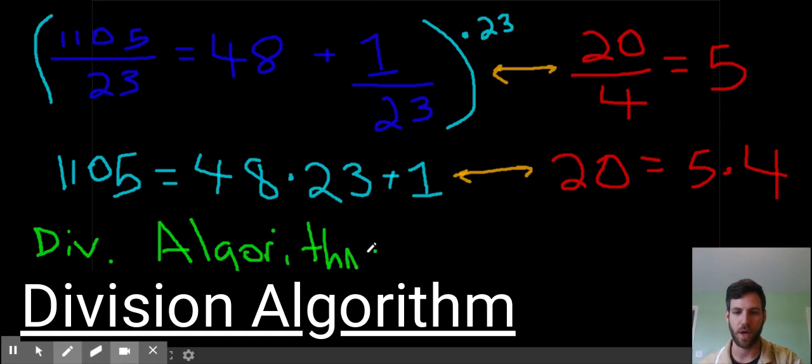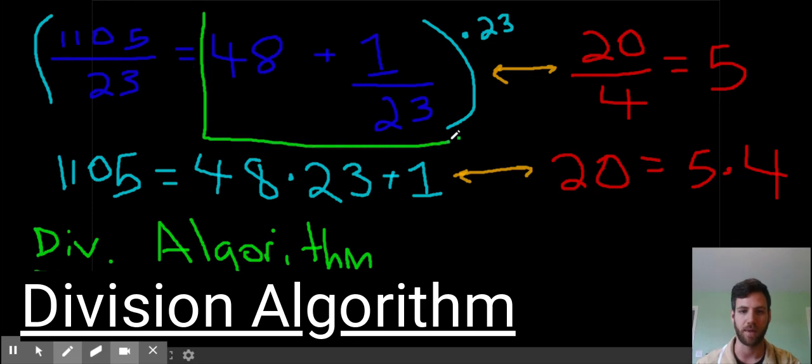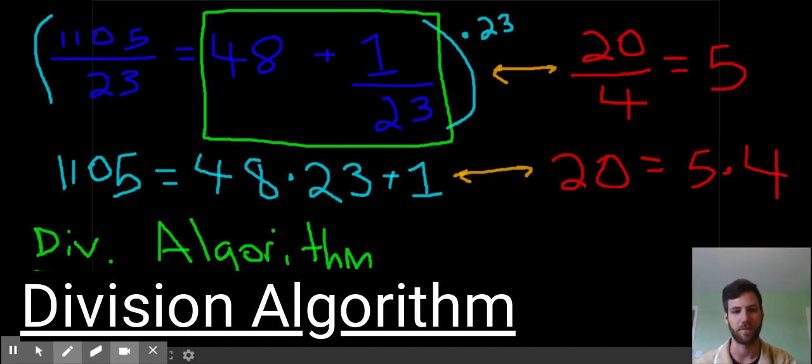And the further you go in math, the more you'll see algorithms. We're going to be applying our division algorithm in polynomial division, because you will see a lot in this chapter that our answers are written most commonly in this exact way that I have put a box around right there.